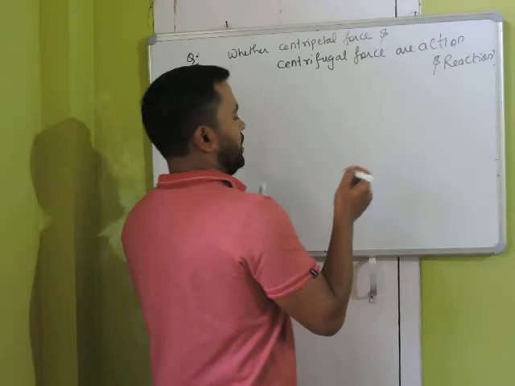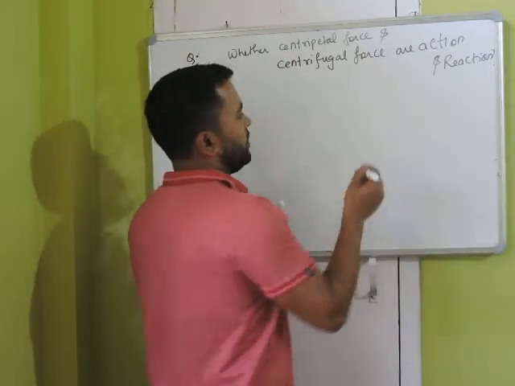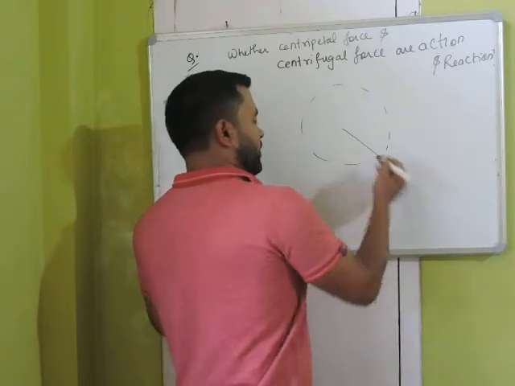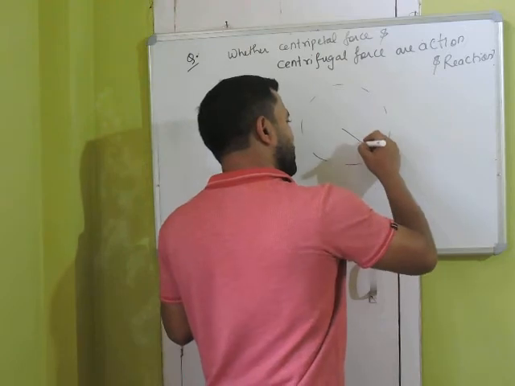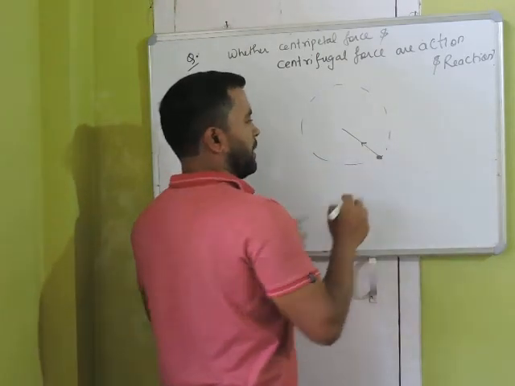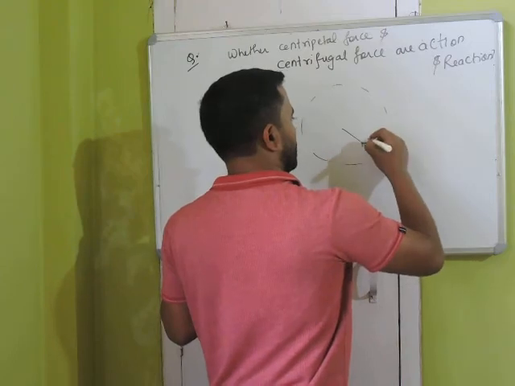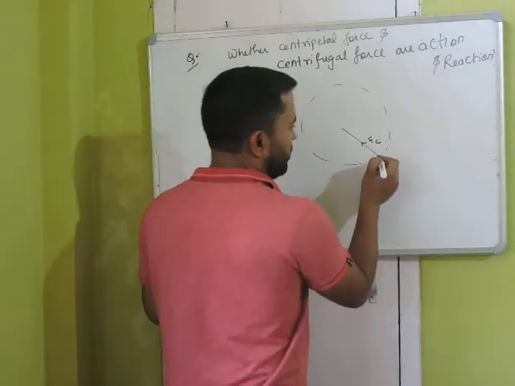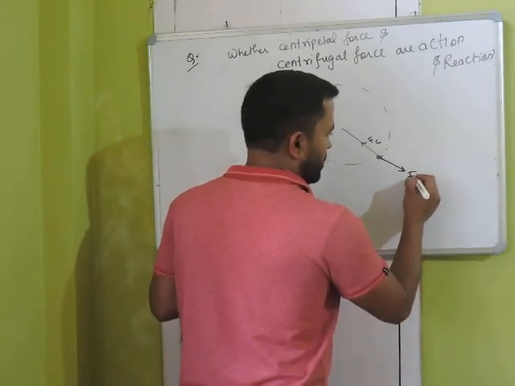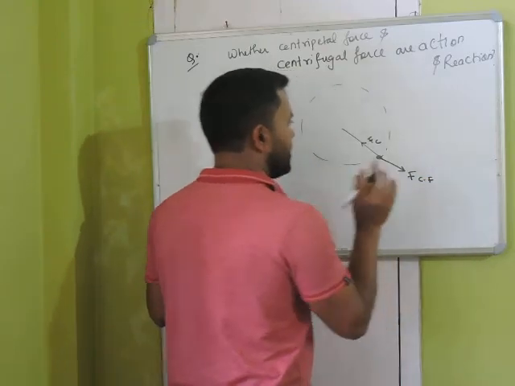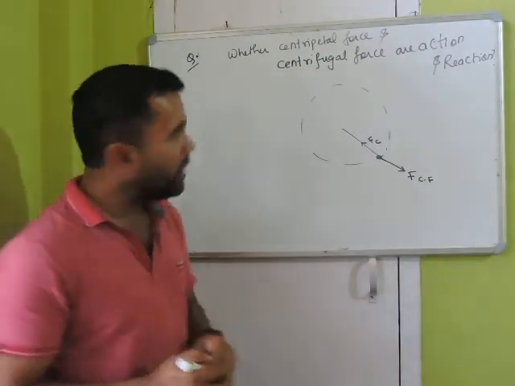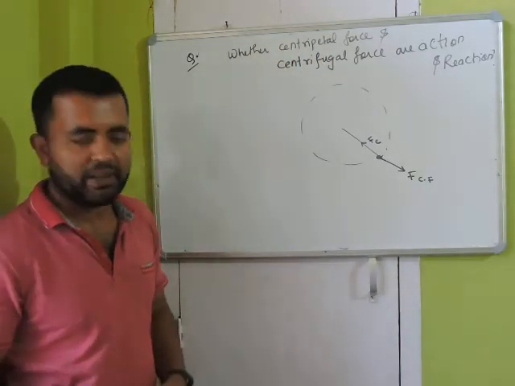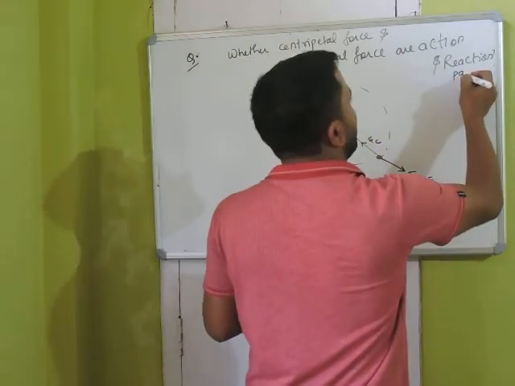So we agree that if a stone is going in a circle, it will feel a centripetal force inside. I am writing Fc for centripetal force, it is inside, and the same stone will feel a centrifugal force outside. I am writing Cf for centrifugal force. Now whether they are action and reaction pair, that is the question.